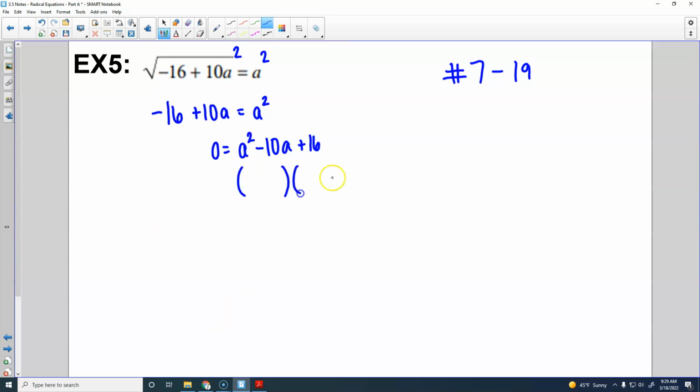If we factor that, we will get a minus 8 and a minus 2. I think that'll work for us. So we end up with a equals 8 and a equals 2.